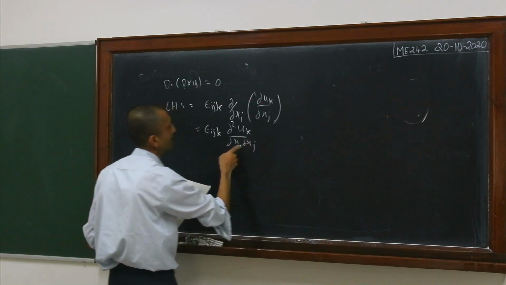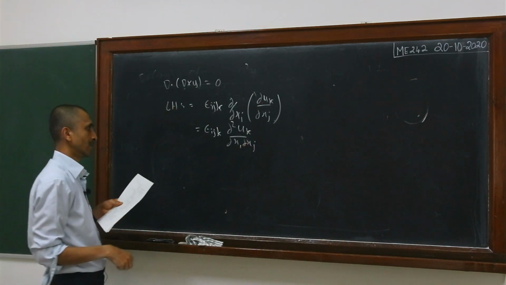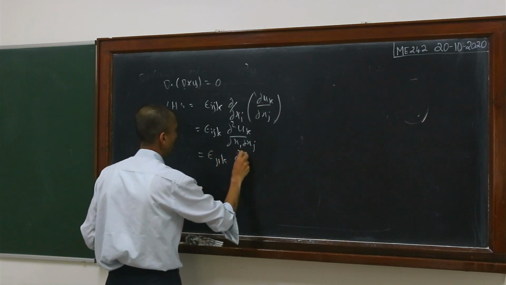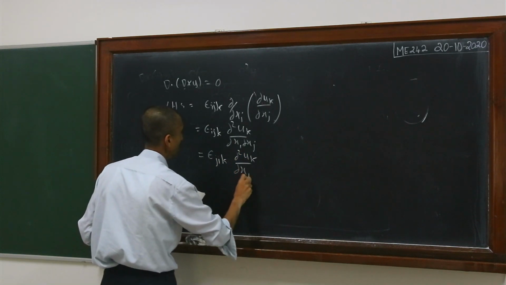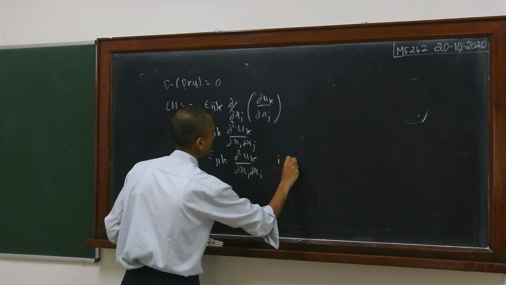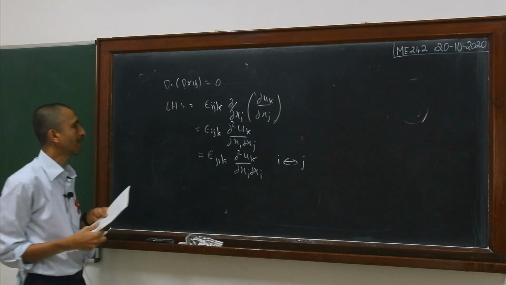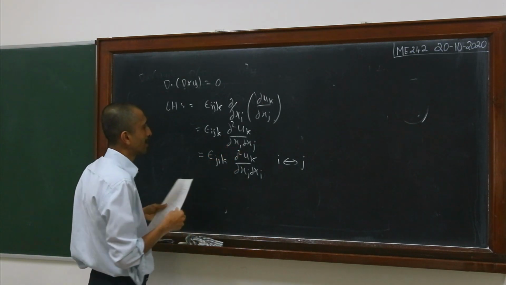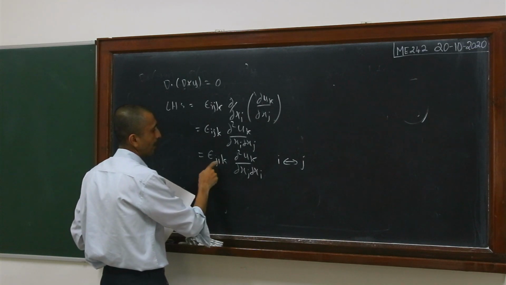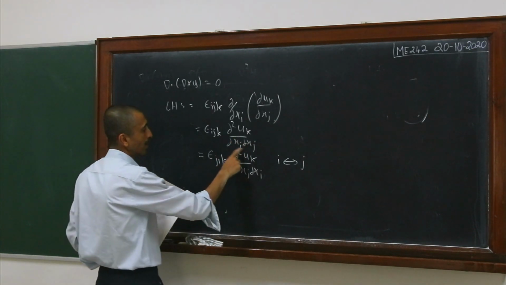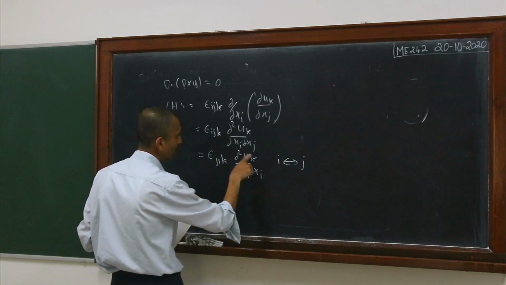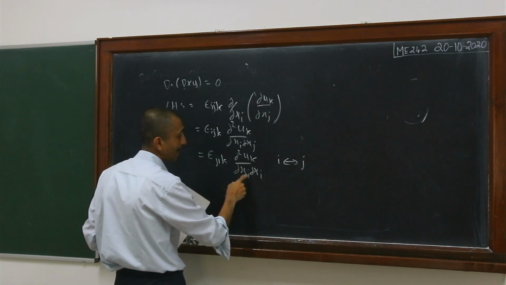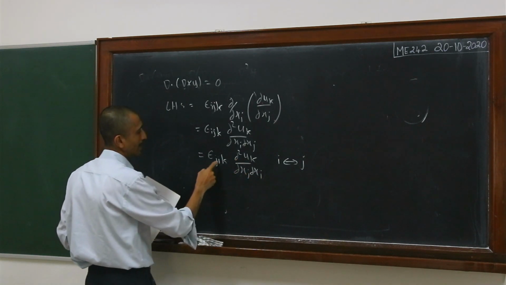Now in this particular case, the i and the j can be interchanged, right? So this is equal to epsilon jik times del square uk by del xj del xi. So here I am interchanging the i and the j. So basically, whatever the two indices are here, if they occur with this epsilon symbol, then that will go to 0, because you can do this interchange trick, and now again use the fact that del square uk by del xj del xi is del square uk by del xi del xj, so that order can be interchanged, whereas here it will give a minus sign.